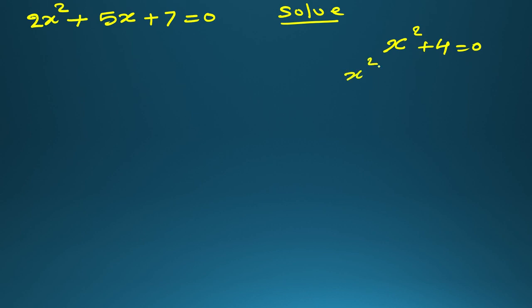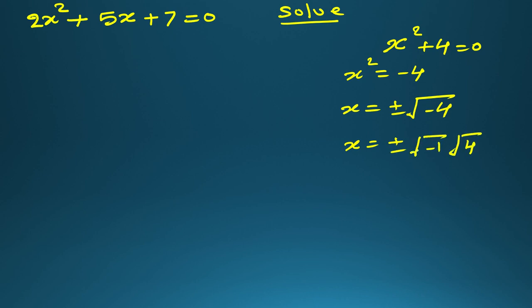It will be x square equal to negative 4. So x will be equal to plus minus square root of negative 4, which means plus minus square root of minus 1 times square root of 4.